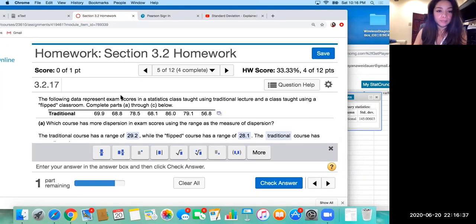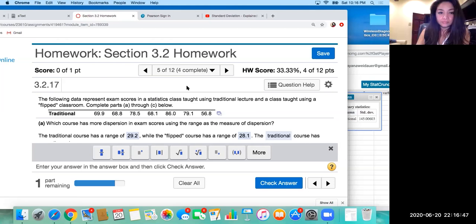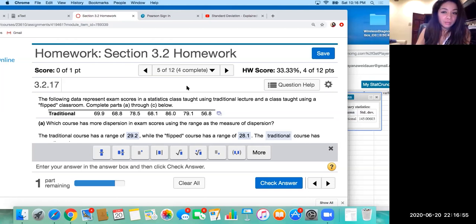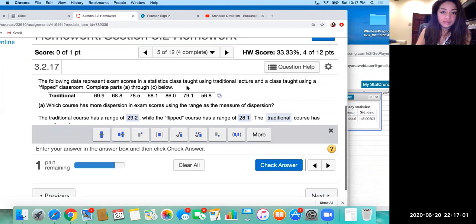The following data represents exam scores in a statistics class taught using traditional lecture, and it doesn't say if it's a sample or not. It could be the whole class. I'm assuming it's a... Is it asking for the standard deviation? Yes, it is.